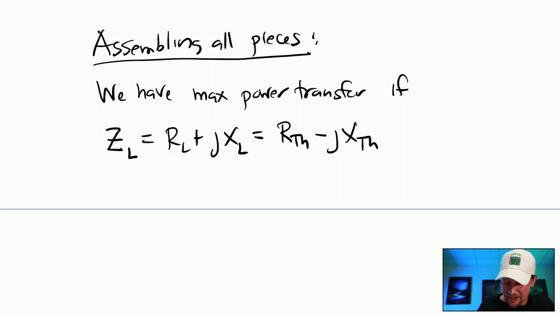Very succinctly, we can actually say that this will be true if I actually take the Thevenin impedance, take the complex conjugate, that should be the load impedance.